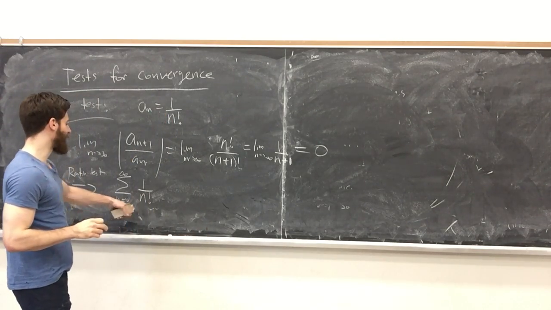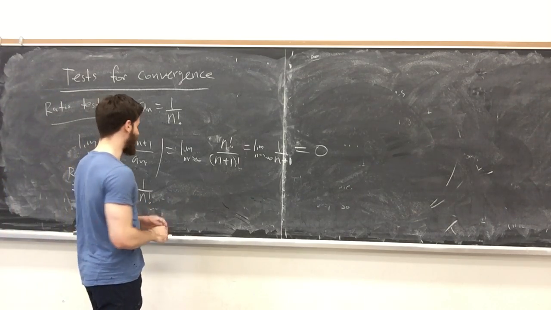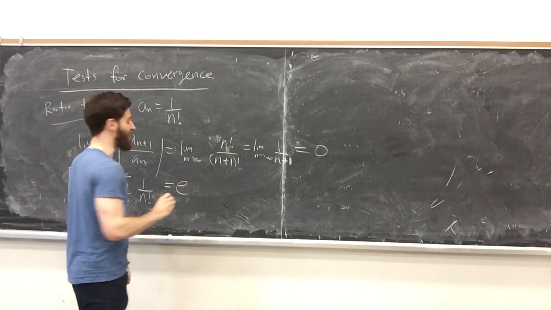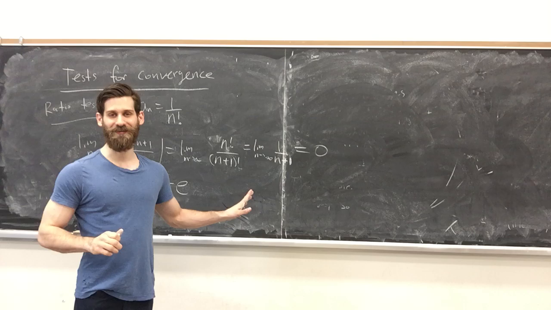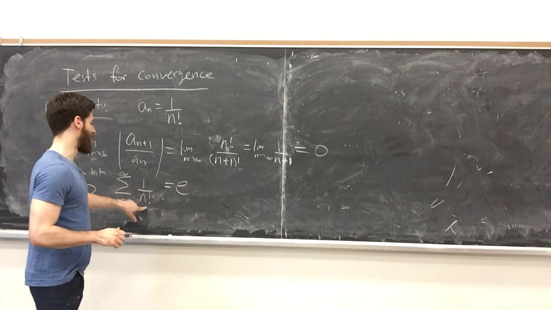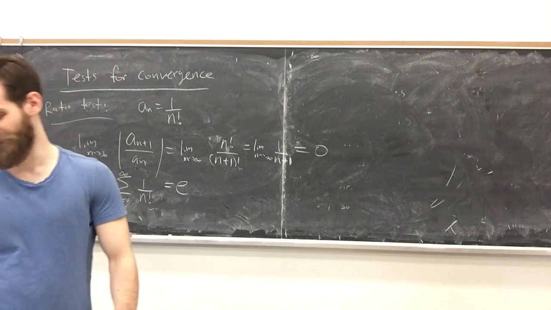Actually, fun fact, this sum is equal to e, the number e. This is just a fun fact. Nothing I wrote here implies that it's equal to e, but maybe you think it's interesting.